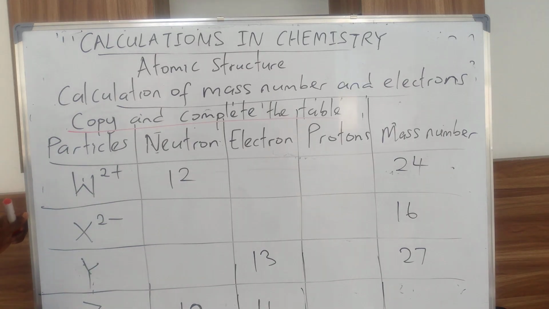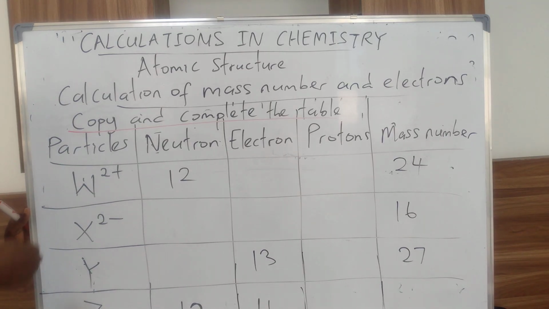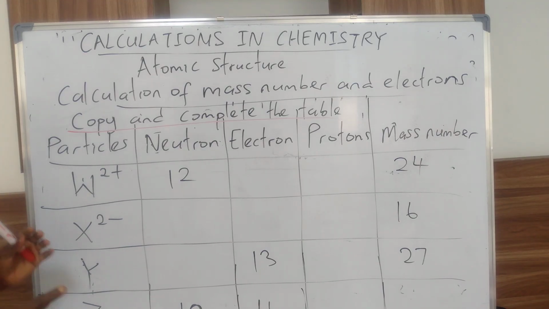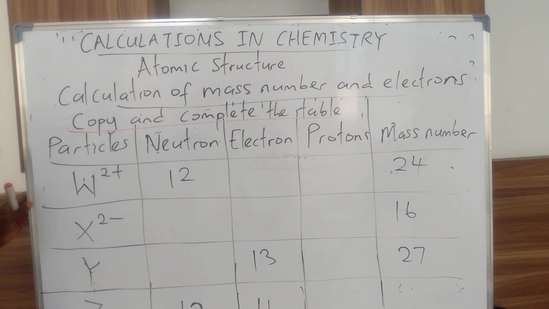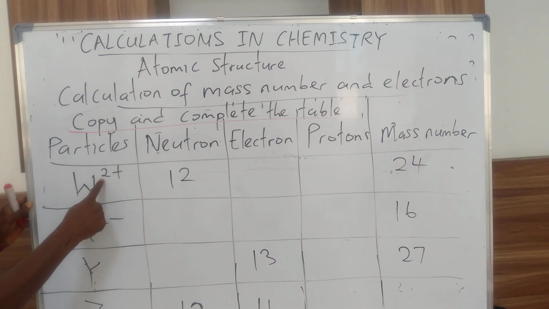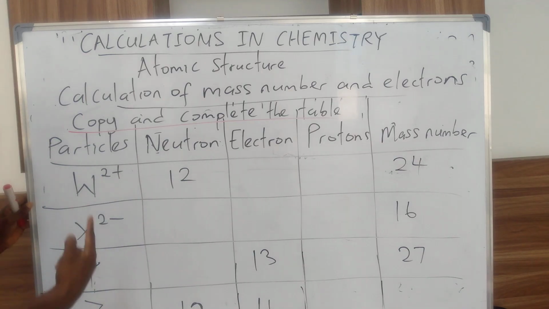Is it a neutral particle or a charged particle? Look at this, there is nothing on top. Look at this one too, there is nothing on top. That means both Y and Z are neutral particles. Look at this one, there is a charge, 2 plus, carrying a positive charge. This one is carrying a negative charge.